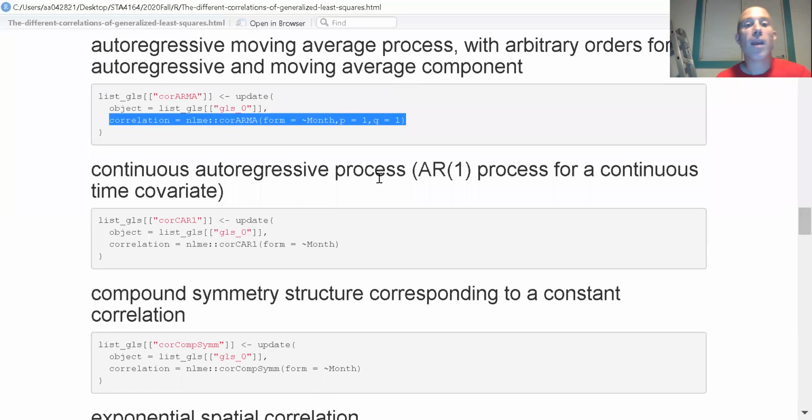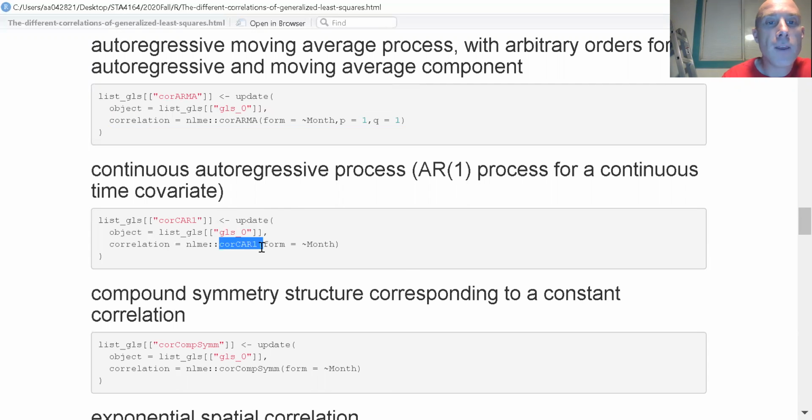All right, now let's take a look at the continuous autoregressive process, AR1 process for a continuous time covariate. A lot of words in there. So here, when I use the update function, I use corCAR1. So this is continuous autoregression, lag 1.